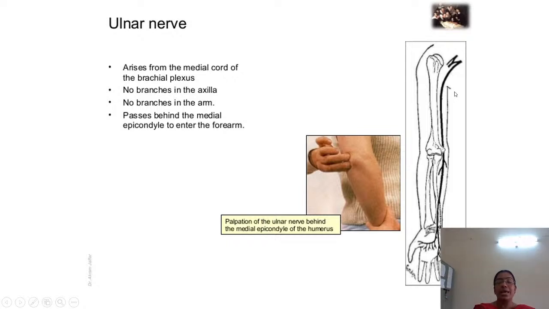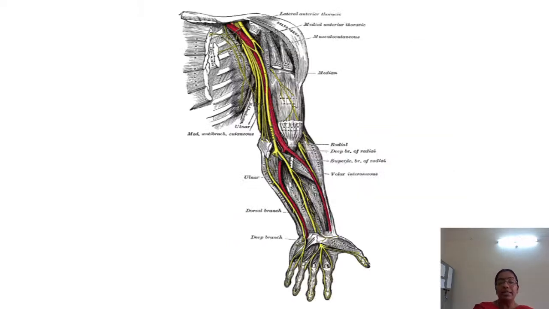In the axilla and in the arm, it doesn't give any branches. It passes behind the medial epicondyle, entering from the arm into the forearm.